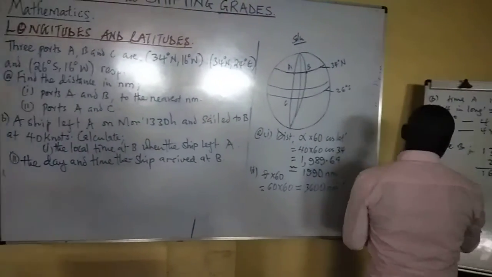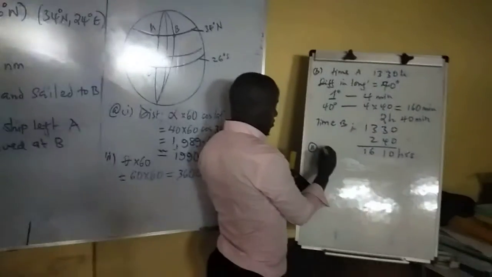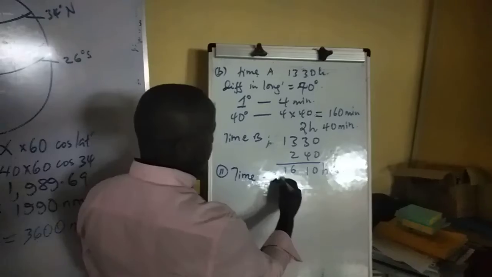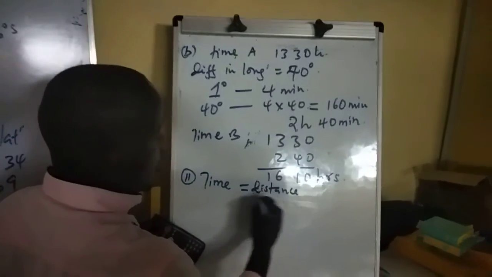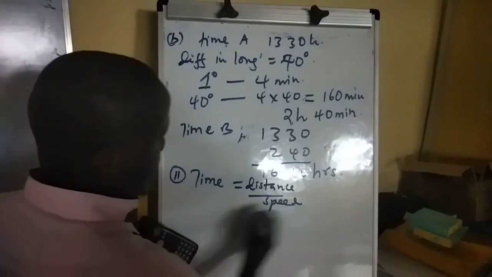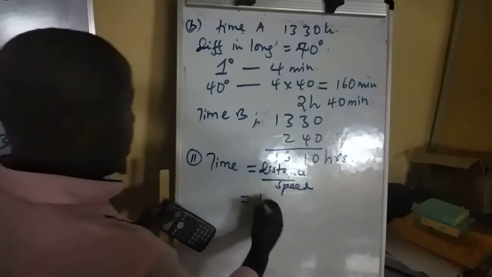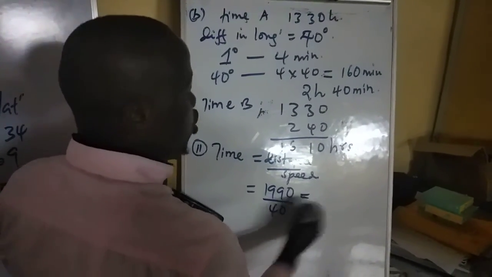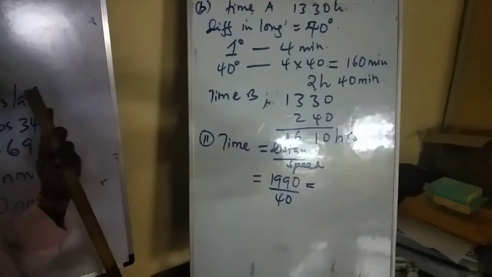So we can say for part 2, time taken is equal to distance over speed. So we have a distance of 1990 nautical miles and a speed of 40 knots.